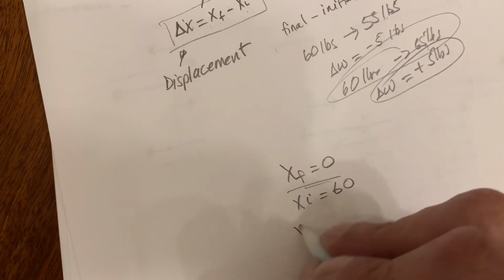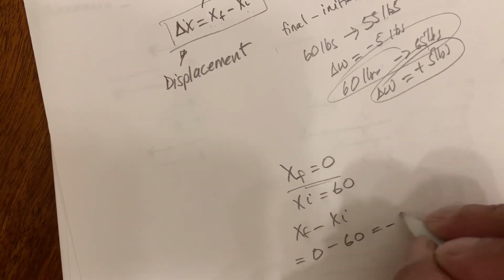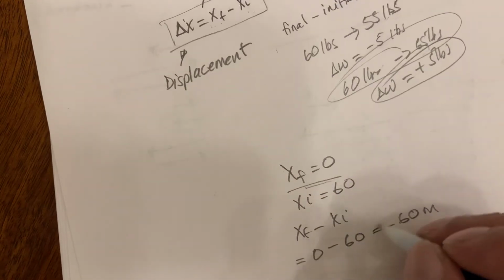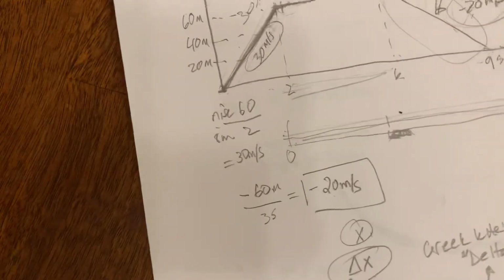So final minus initial is equal to 0 minus 60, or negative 60 meters. So my displacement is negative 60 meters. Before, it was positive 60 meters.